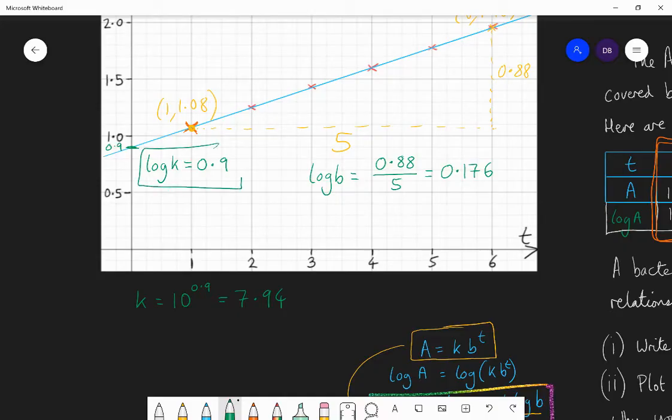So that comes directly from this expression. If log k is 0.9, then k will be 10 to the power of 0.9. Similarly for b, if log b is 0.176, then b will be 10 to the power of 0.176, which is 1.50, and both of these are just to 3 significant figures.